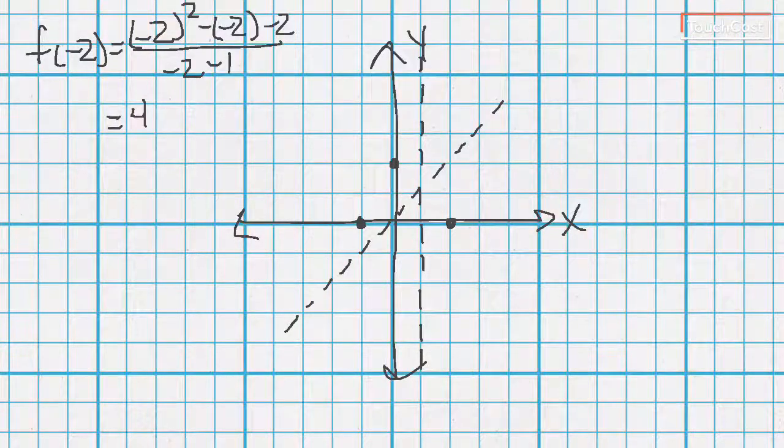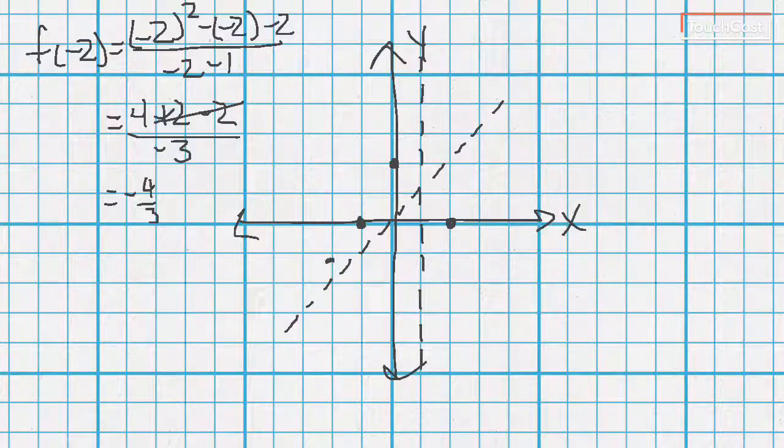When we minus a negative 2, that's like adding 2. Minus 2 over negative 2 minus 1 is negative 3. And I notice in my numerator, the 2 and the minus 2 cancel each other out. So we're just going to get 4 over negative 3. So at negative 2, we're going to get negative 4/3, which is about negative 1 1/3. So we're just going to go down 1 and a little extra and put a dot.